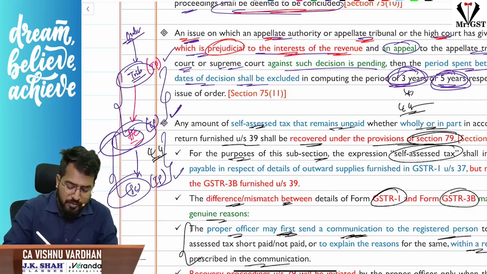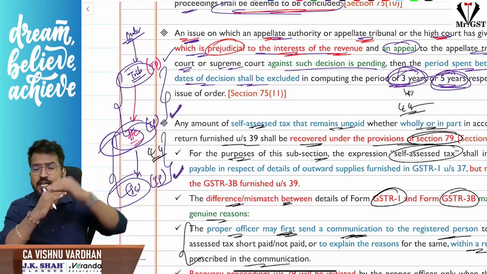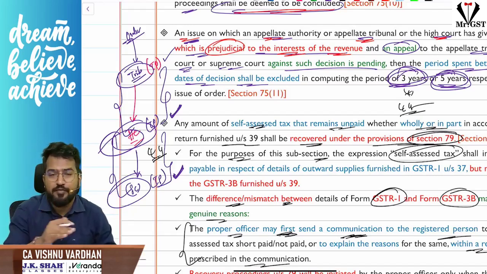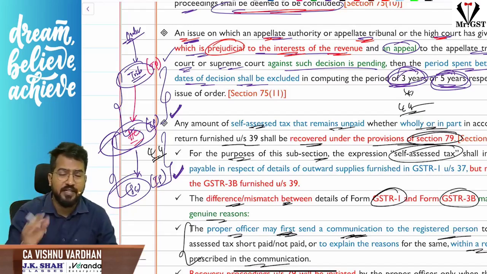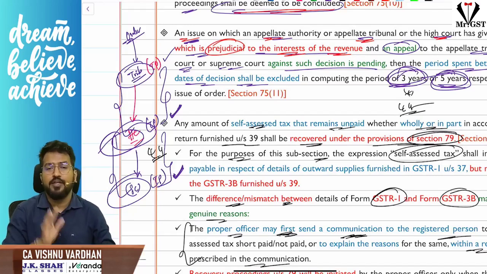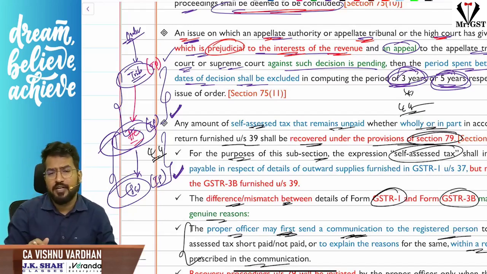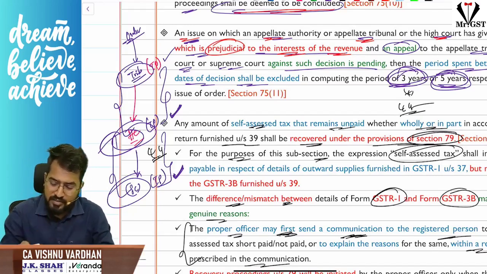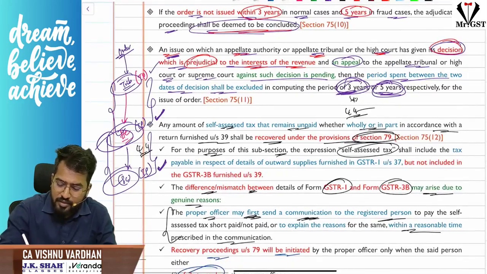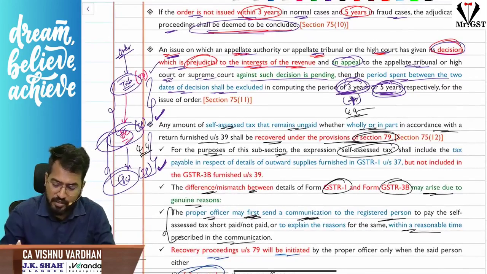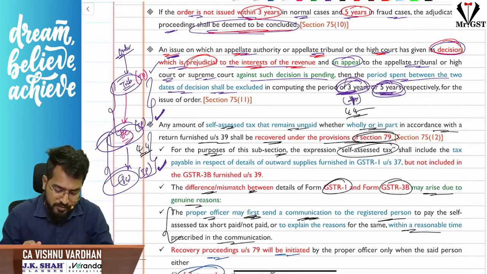Between the order of the high court and the order of the supreme court, if there is a 4 years gap, that 4 years gap will be excluded from calculating the 3 years or 5 years time limit. So you get an extra 4 years for passing the order. That is the simple point. Shall we proceed? That is the concept.